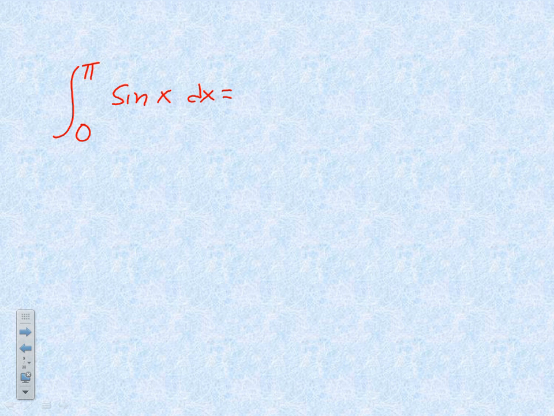What is it? Negative cosine. So this becomes negative cosine of x from 0 to pi. That would be negative cosine of pi minus negative cosine of 0.